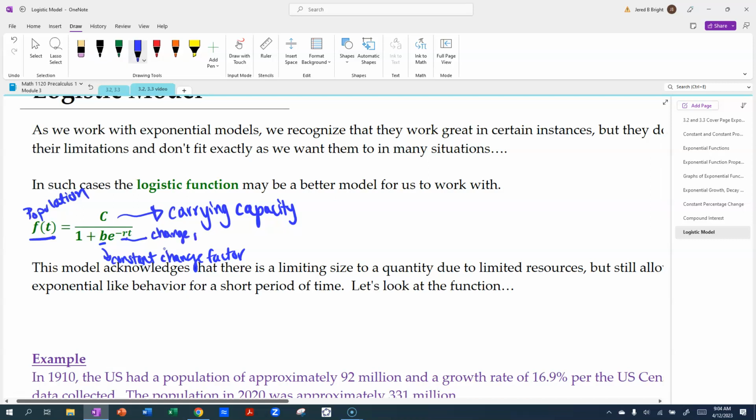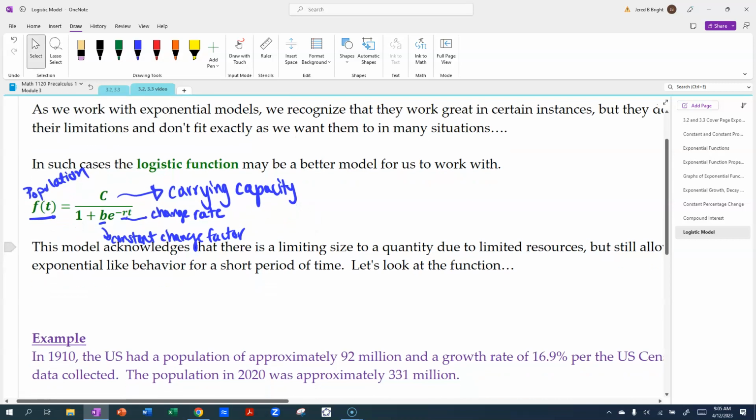Okay, these are generally a little bit difficult to find without the use of calculus. So for now, we're just going to say if you need to know those values, we'll provide those. Okay, but the carrying capacity is one important concept that we need to look at.